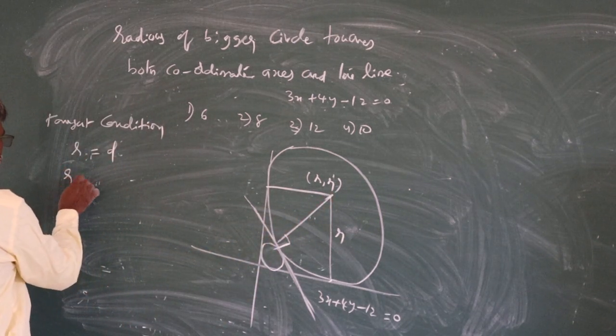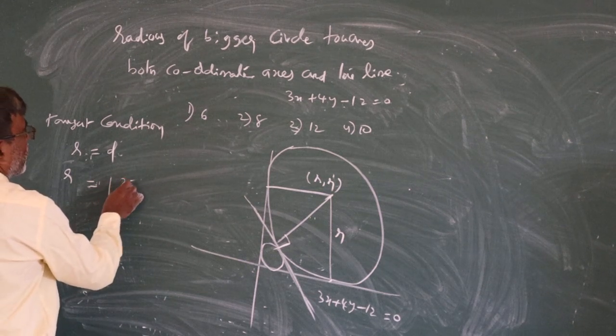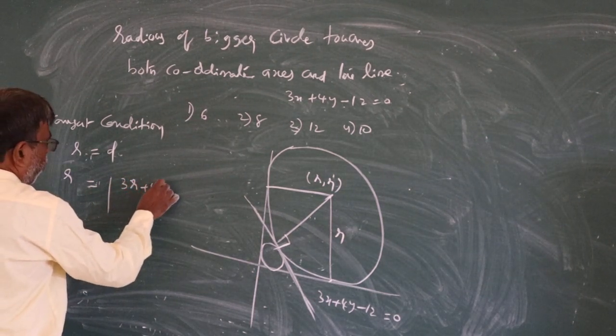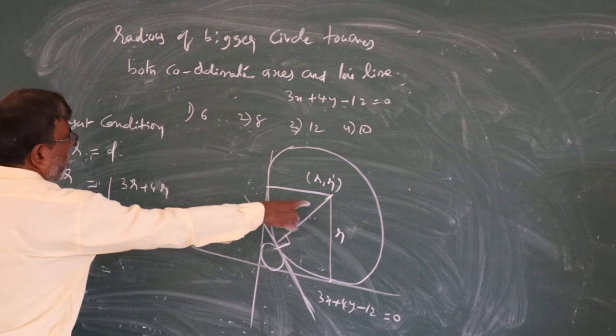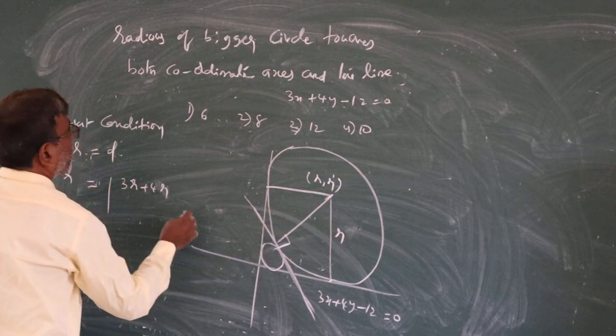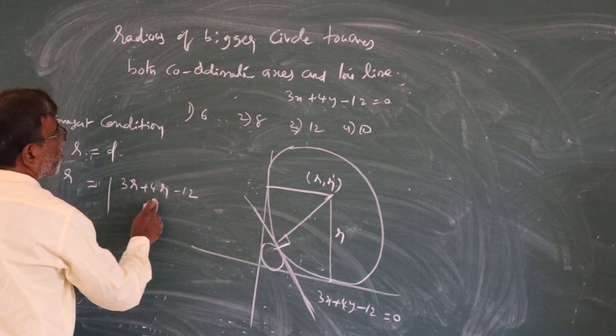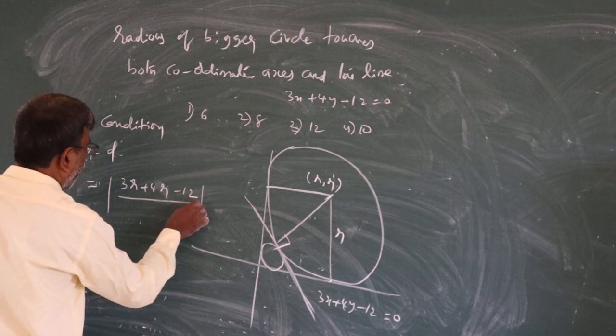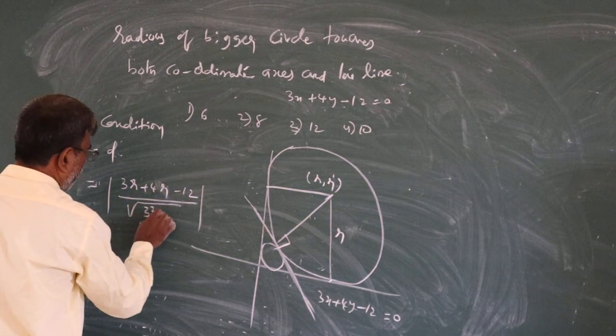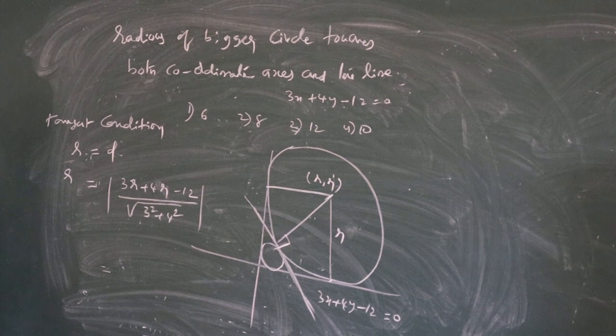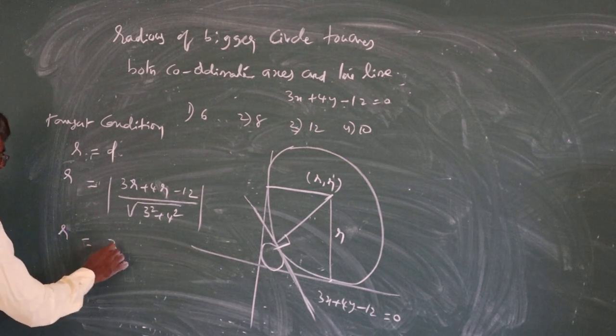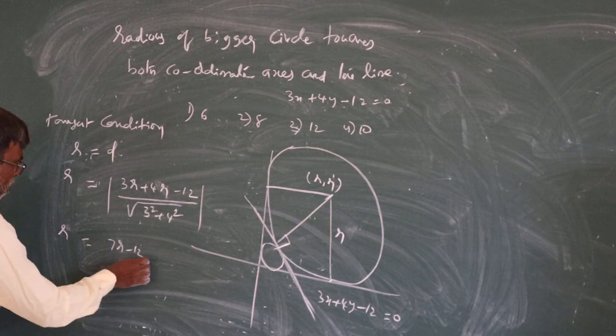So with 3x as 3R and 4y as 4R, the perpendicular distance from this point to this line is (ax1 + by1 + c)/root of (a squared + b squared). So R equals (7R - 12)/5.